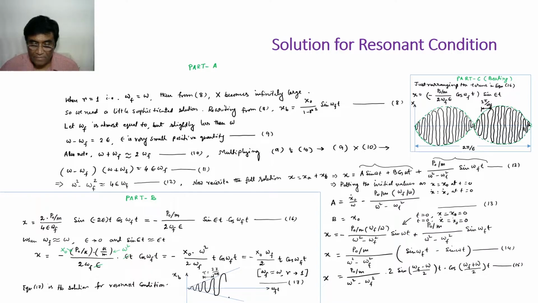Within this envelope you can make a MATLAB plot or a Python plot, and since this minus sign is there, it will start in the minus direction and oscillate like this, and in an unbounded way the amplitude of oscillation will go on increasing. This phenomenon is called resonance, and it is dangerous when the forcing frequency is almost equal to the system's natural frequency.